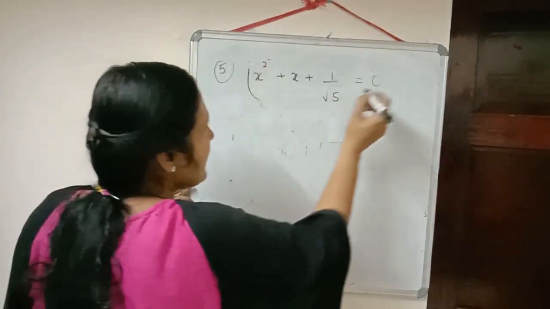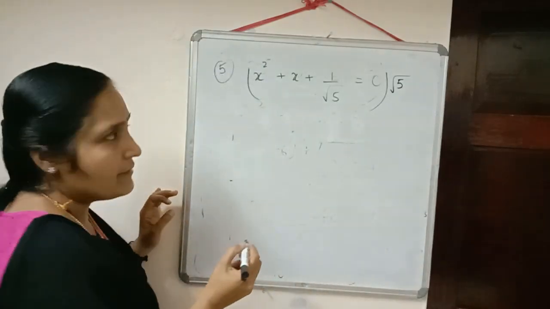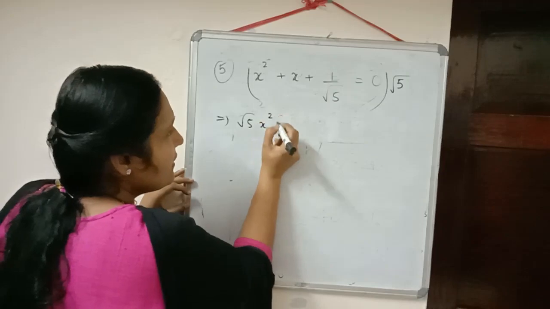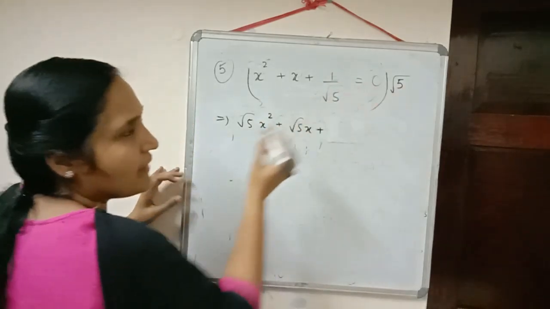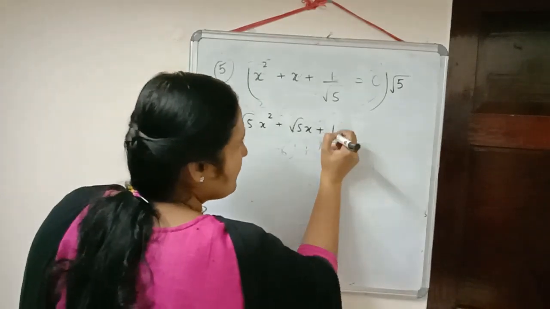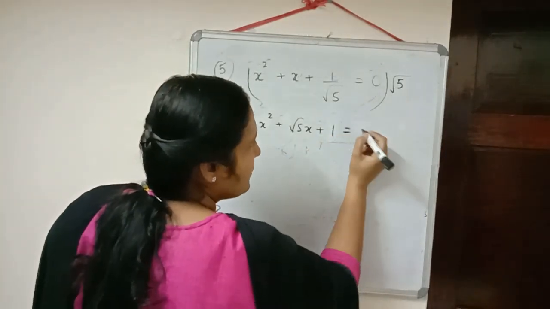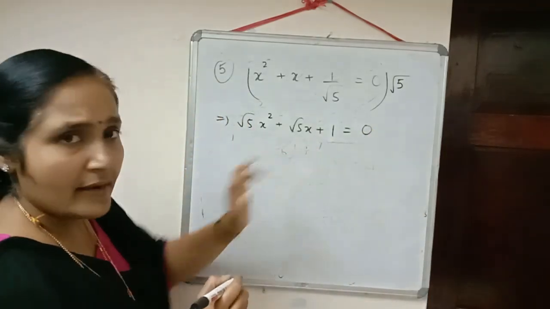So to remove the fraction, what will we do? We'll multiply it by root 5. So it will be equal to root 5x square plus root 5x plus 1 by root 5 into root 5. So root 5 and root 5 will get cancelled. We will get there 1 is equal to 0 into root 5, 0. Okay, so this is a, b and c.